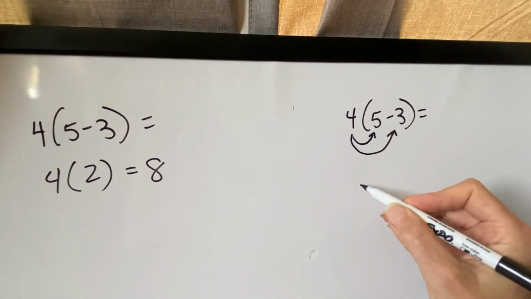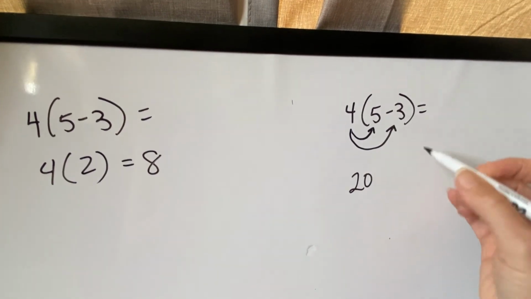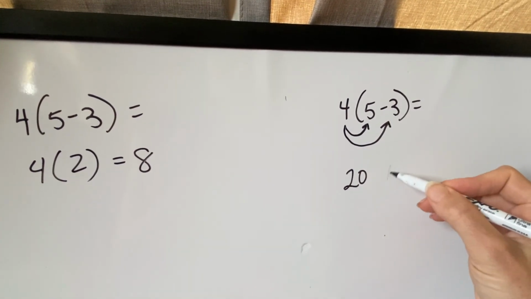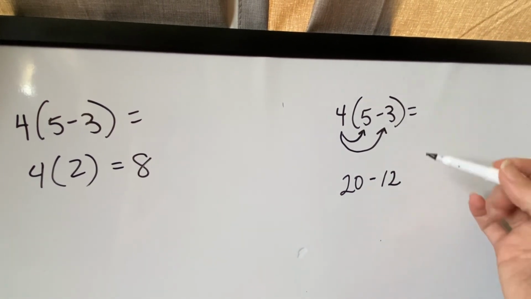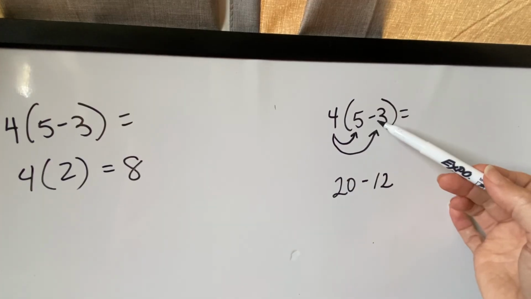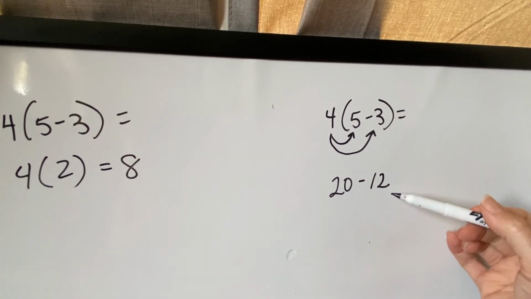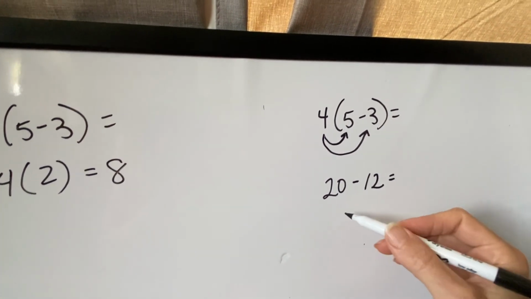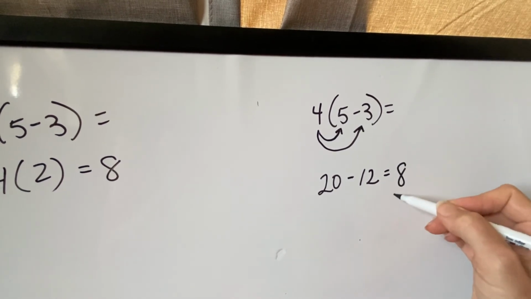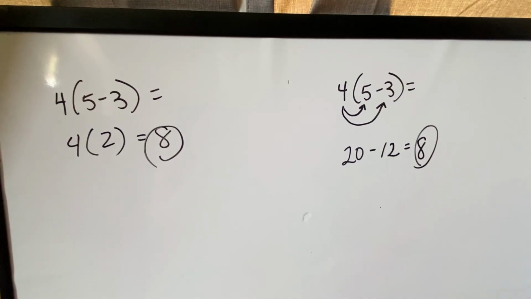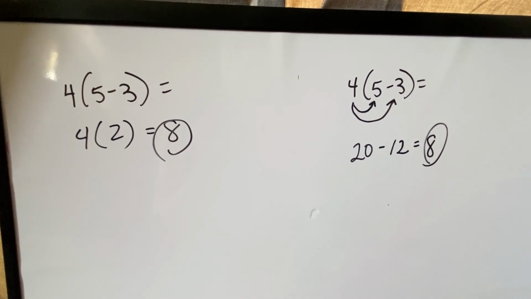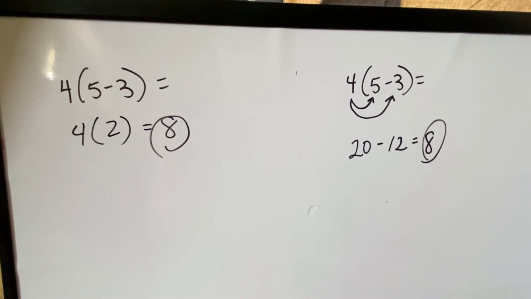So 4 times 5 is 20. 4 times 3 is 12. We need to keep that minus sign in there because it's basically like saying this is a negative 3 times a positive 4. So that's negative 12. 20 minus 12 is 8. So you see, both ways we used to solve this are going to get us the same answer.